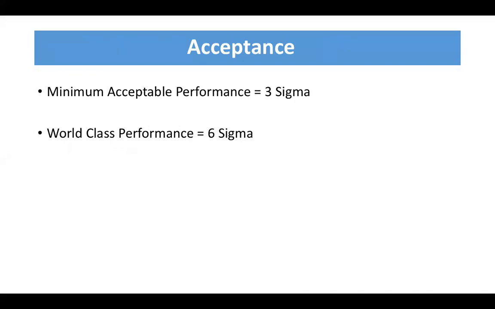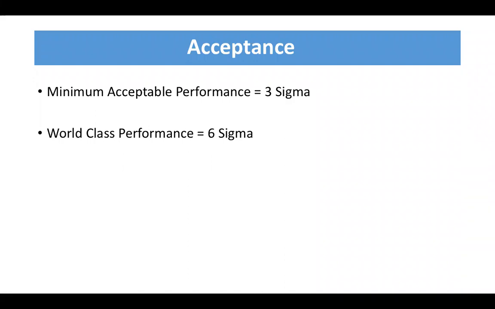Now, minimum acceptable performance is 3 sigma. World-class performance is 6 sigma. So suppose at present you are working at a level of 4.5. Then you can decide the minimum acceptable performance for your laboratory. For us, we have decided it should not decrease beyond 4 for any parameter. It should be at least 4. This is up to you.